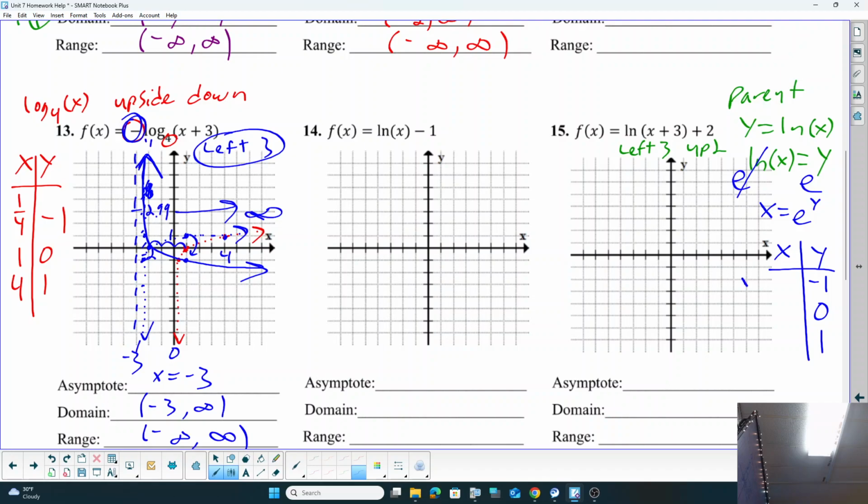Now x equals e to the -1 power, e to the 0 power, and e to the 1 power. e to the 1 power is just 2.71828.